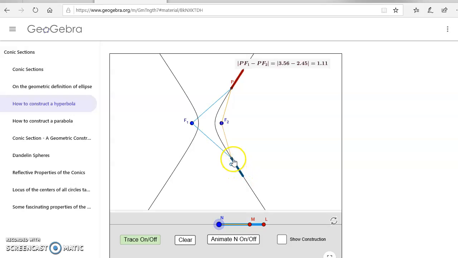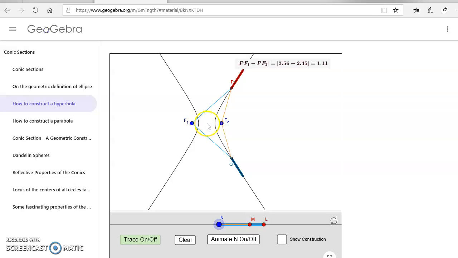So even on this side, point Q has that same property. It's on the hyperbola, so this distance minus that distance is the same number. It's 1.11. Now the neat thing too is that that 1.11 constant is actually also the length between the vertices.